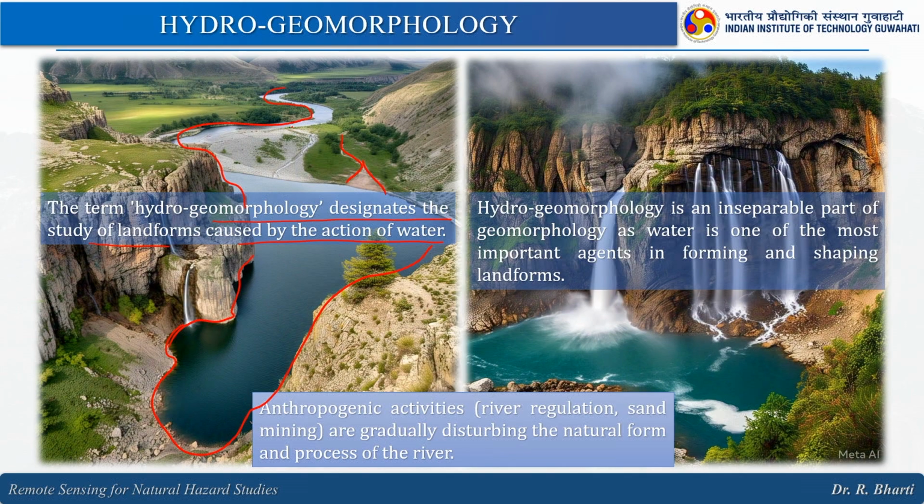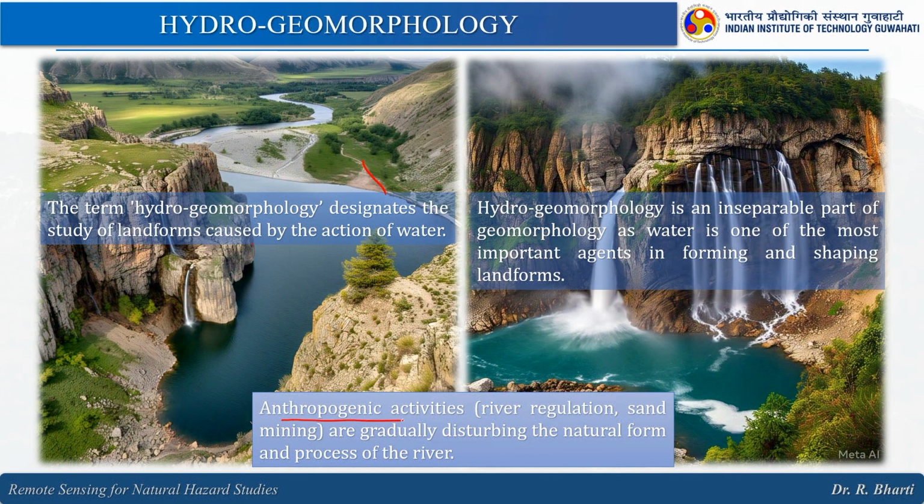So, here everything is because of the water. Here you may consider this is a floodplain. So, hydrogeomorphology is an inseparable part of geomorphology, as water is one of the most important agents in forming and shaping landforms. So, here you can see these landforms are shaped because of the action of water, right.